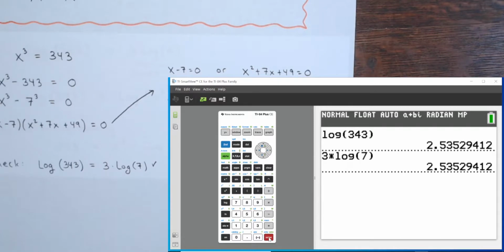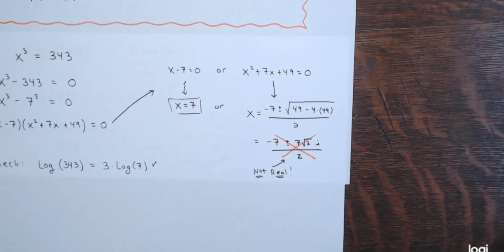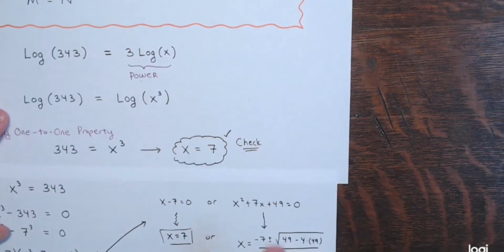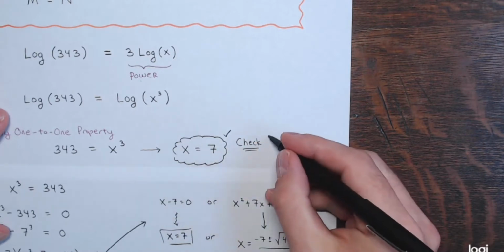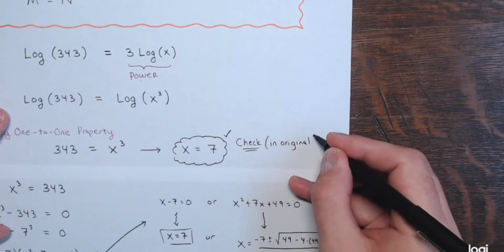And indeed it is. So my solution of 7 is a good solution. It does satisfy the equation. Fantastic. And again, always check back in the original equation. Always check in the original.